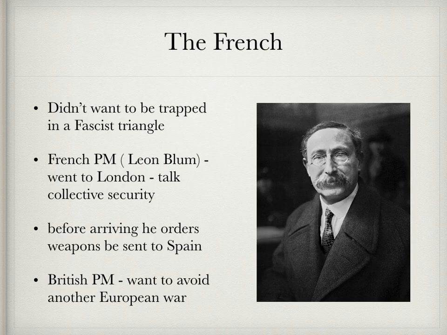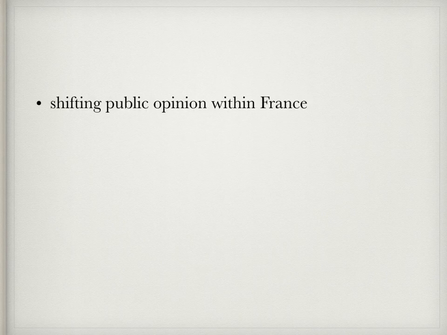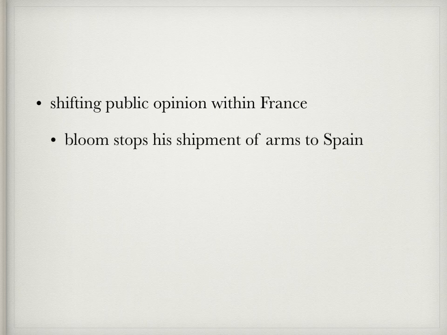Do not get involved, because this civil war could escalate into a continental, if not world war, that they are not ready for. And due to that shifting public opinion within France, Léon Blum had put a stop to his shipment of arms to Spain.